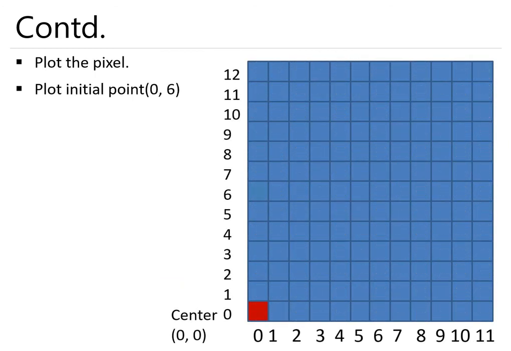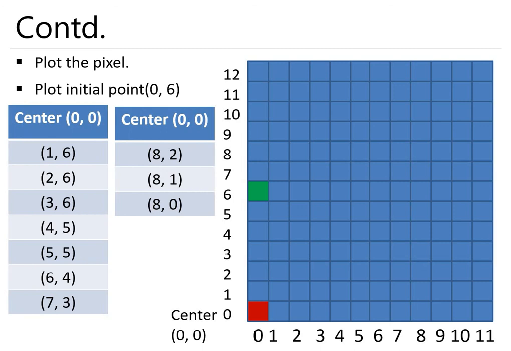Let us plot the pixels. Suppose this is your 0, 0 here. How do you plot the pixels? The initial point is 0, 6. Here is your 0, 6.